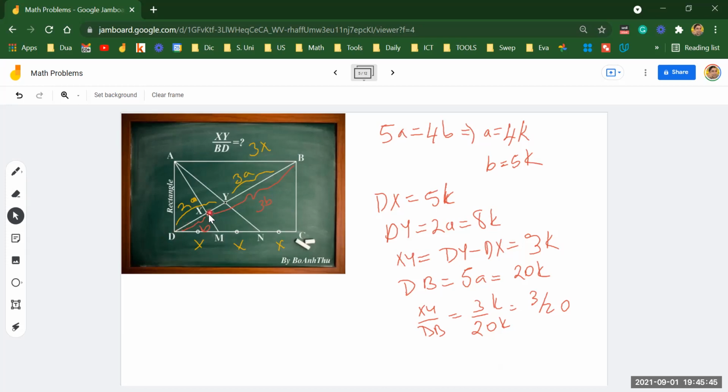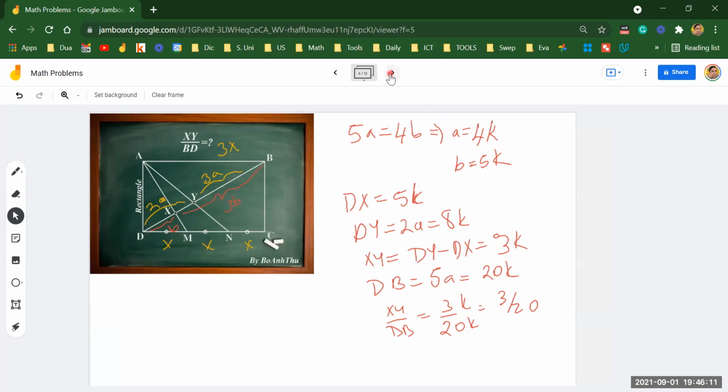According to this, DX is 5K, and DY is 2A, A is 4K, 2A is 8K. It means XY is 3K. And DB is, as you see, 5A or 4B, which comes to 20K. When you take the ratio, it will be 3/20.